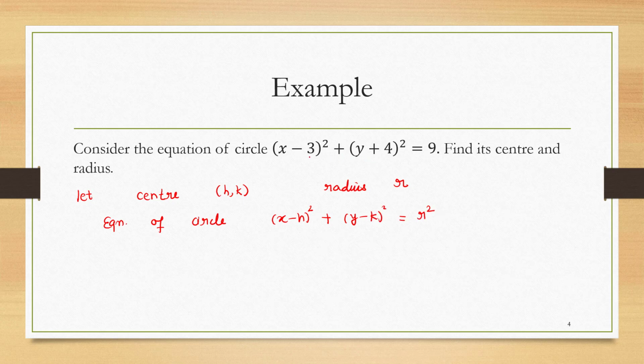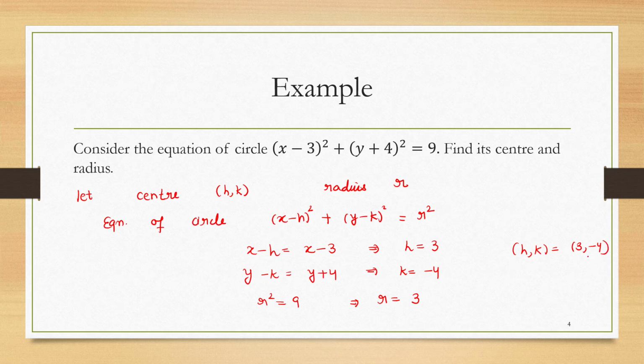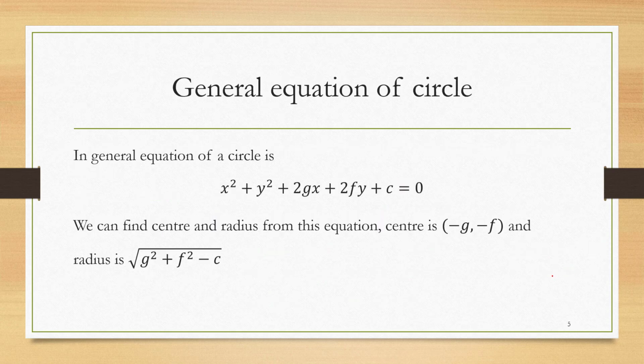So comparing it with the given equation, see, x minus h is equal to x minus 3 or h is equal to 3. y minus k is equal to y plus 4. y cancels and we get k is equal to minus 4. And r square is equal to 9 implies r is equal to 3. So the center (h, k) is (3, minus 4). And radius is 3.